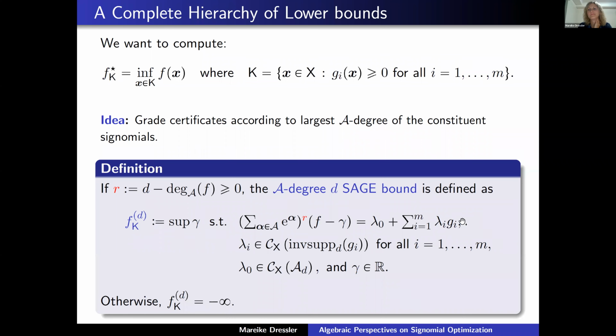Our Positivstellensatz gave us that these lambda_i are polynomials, but to improve the chance of finding such a decomposition, one can generalize this a little bit and open up the possibility to have them be Zignomials, not only polynomials, so we also allow negative coefficients.